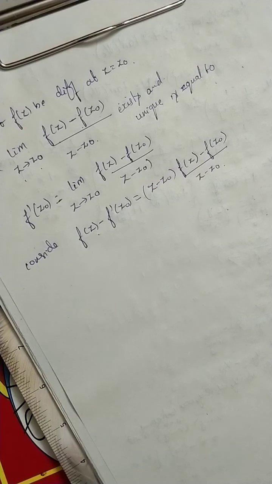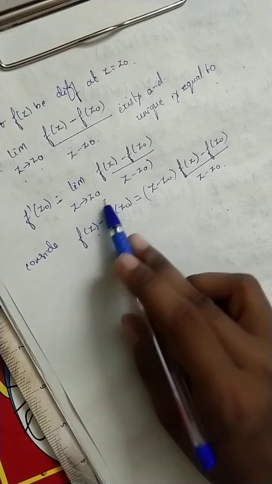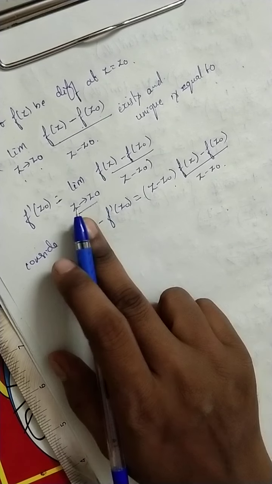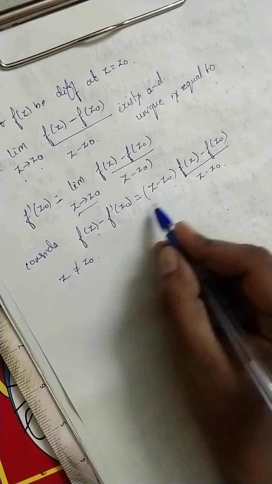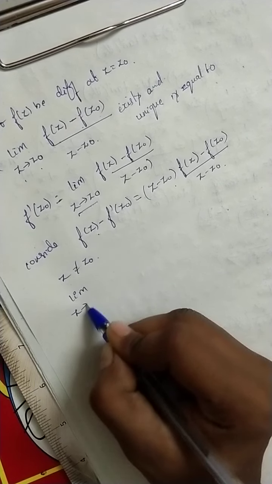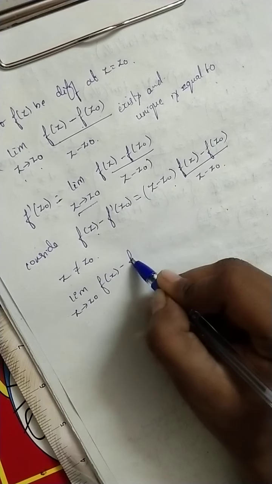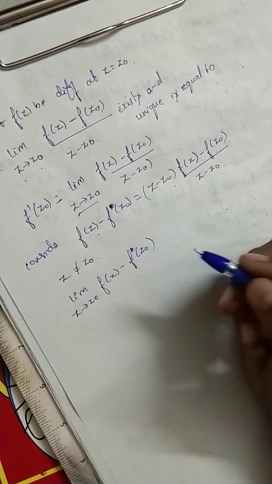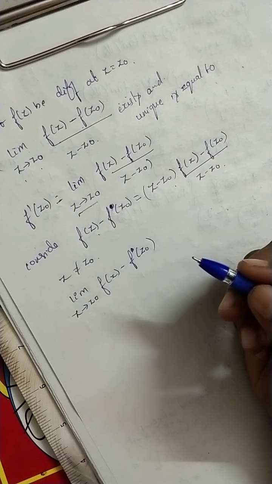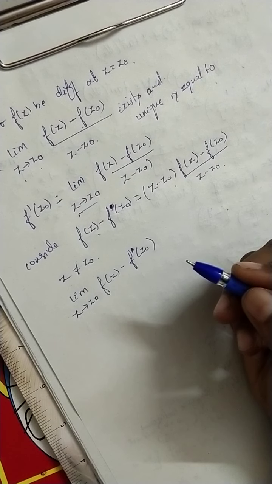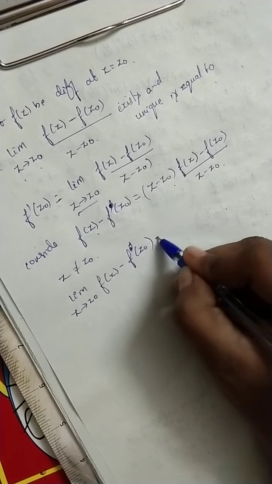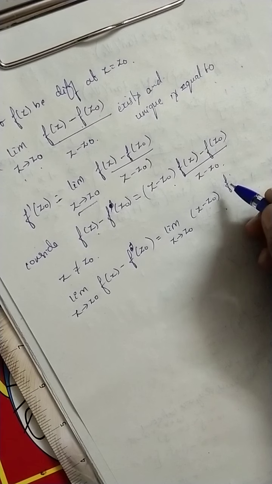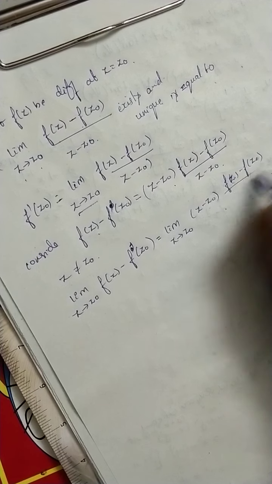Okay, now if z is not equals to z naught, means both are not equal, then we can take the limit on both sides. So taking limit on both sides, limit z tends to z naught, we'll get z minus z naught into f of z minus f of z naught divided by z minus z naught.